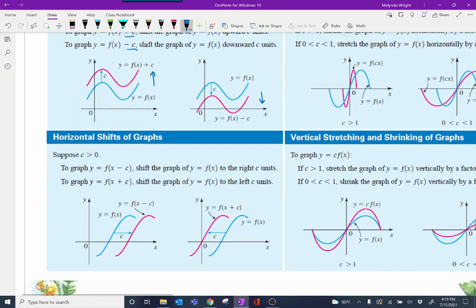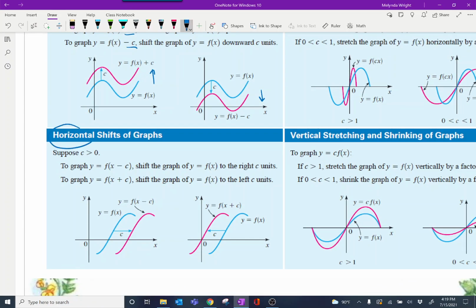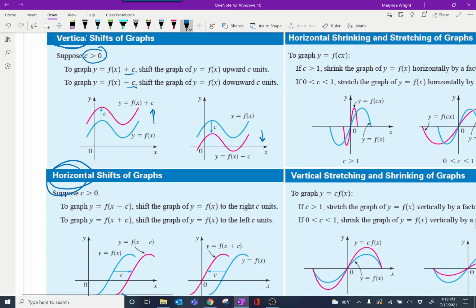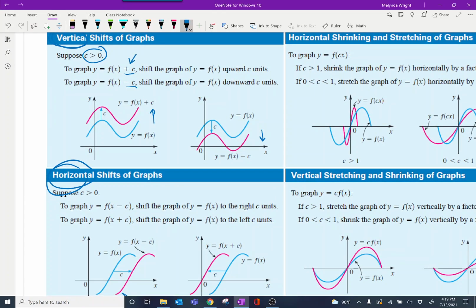Then we have horizontal shifting. So instead of the vertical shifting, we have horizontal, and that means that we could shift to the right or to the left. Now, the horizontal shifting is a little strange because with the vertical shifting, if you add the number, you go up.